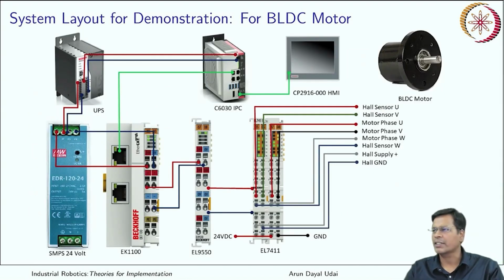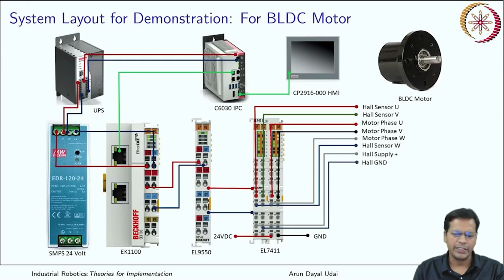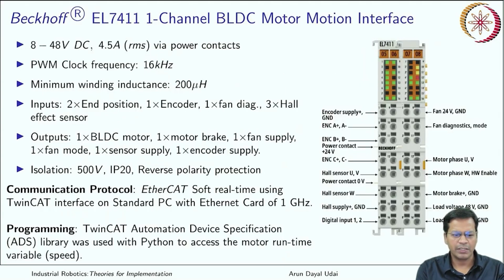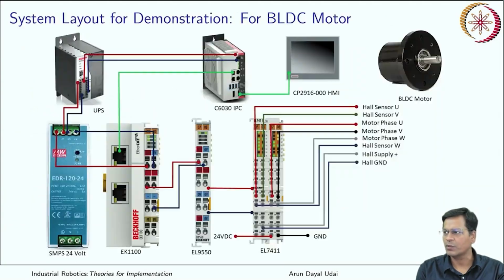So now it is connected like this. The whole system is very much the way I have used for the stepper motor and DC motor, as you have seen already. The only change here is the EL7411, the one which you saw earlier, the same one goes here. That is the additional stuff.